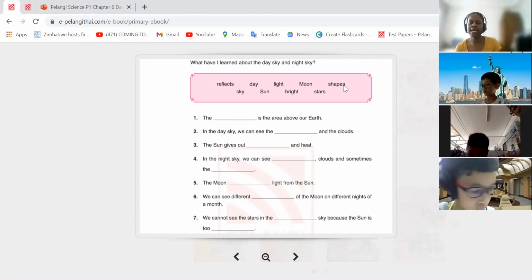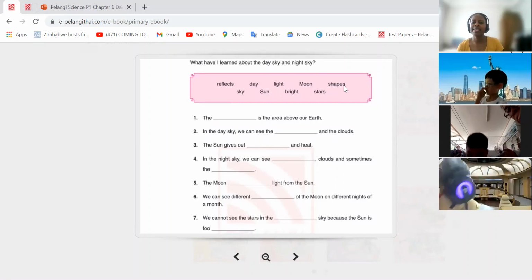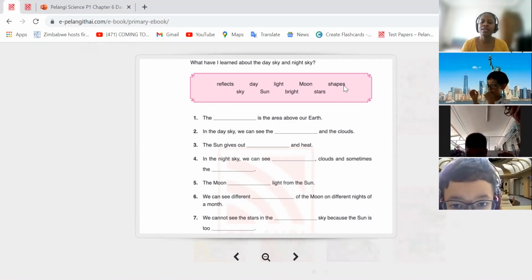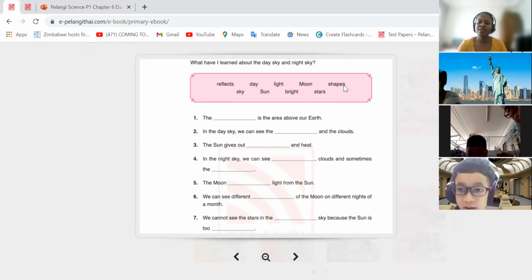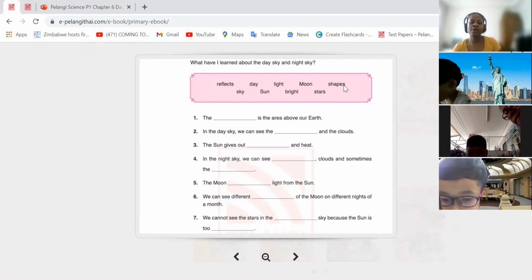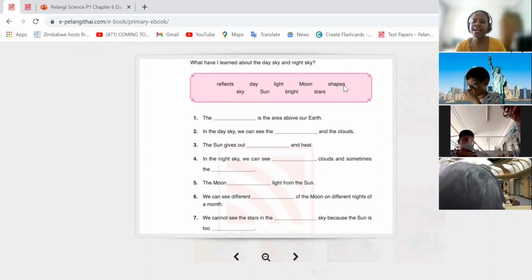Number 1 says, the dash is the area above our earth. It's sky. All right. Thank you, Auka. The correct answer is the sky.